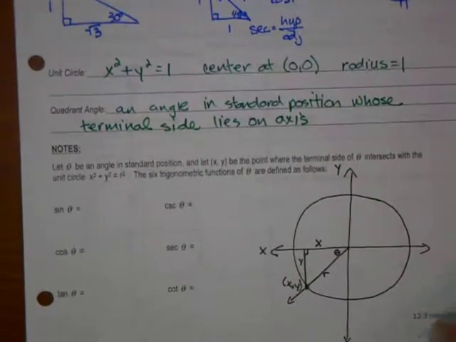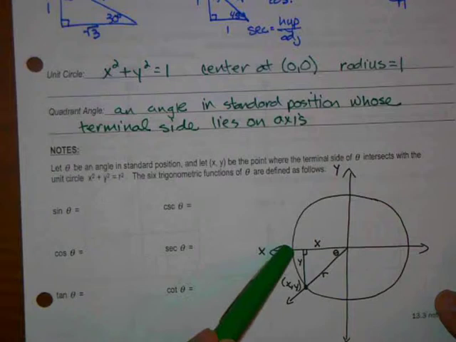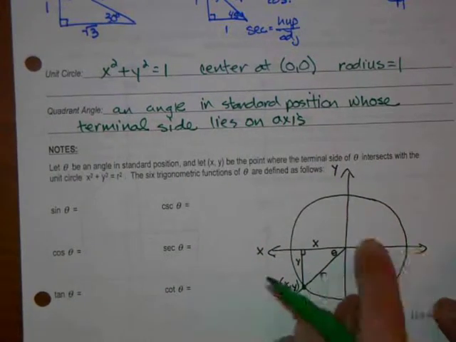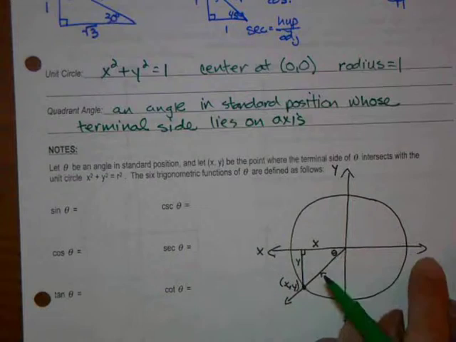I haven't seen quite yet where we use quadrant angle, but it's in there, so I wrote it down. So I guess that would be a 90-degree angle or a 180-degree angle or a 270-degree angle. The terminal side lies on an axis. Standard position means it starts here where x is positive. Okay?